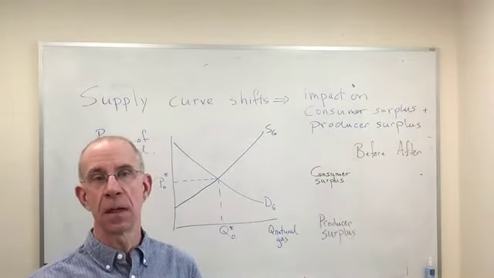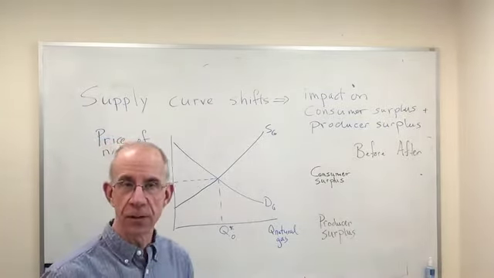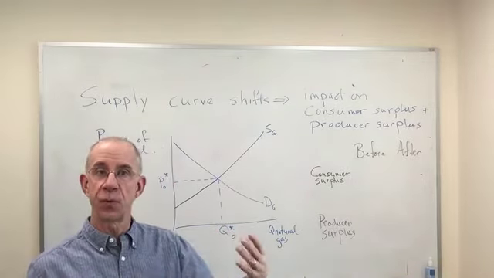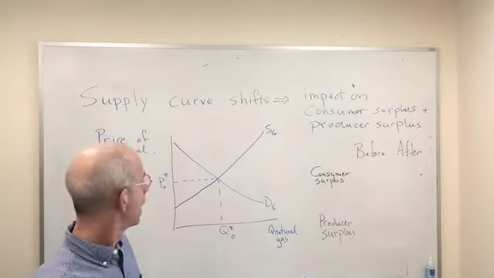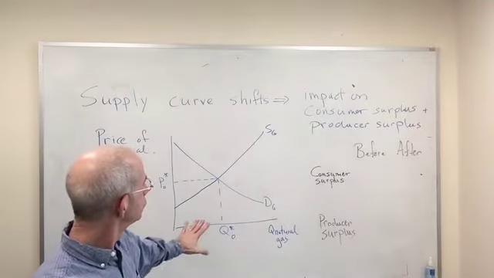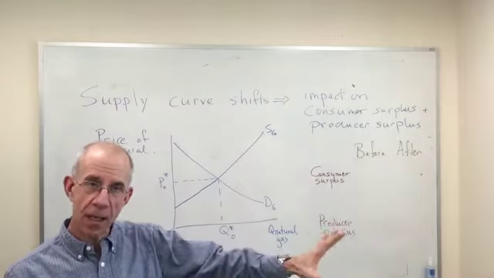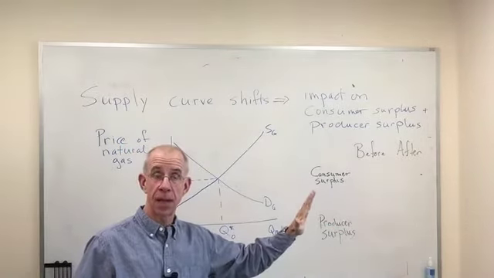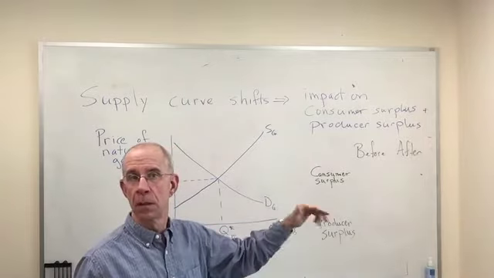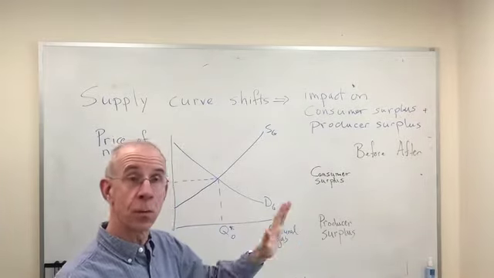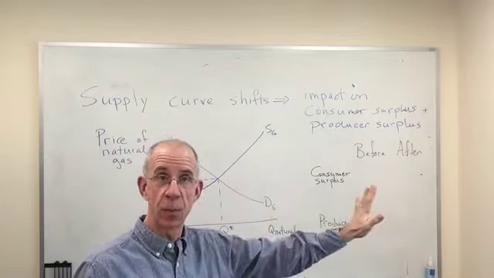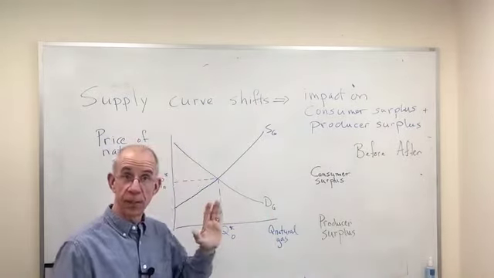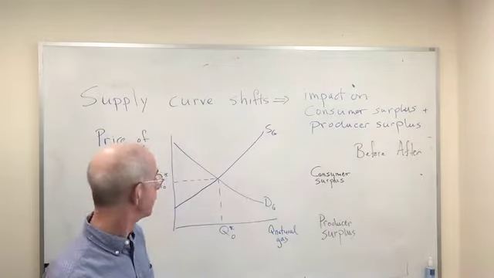Fracking is a technological change which has lowered the cost of producing natural gas. So that technological change is going to shift the supply curve down as the costs go down, or equivalently, at any given price they'll be willing to produce more. But the bottom line is that there'll be a shift in this supply curve.